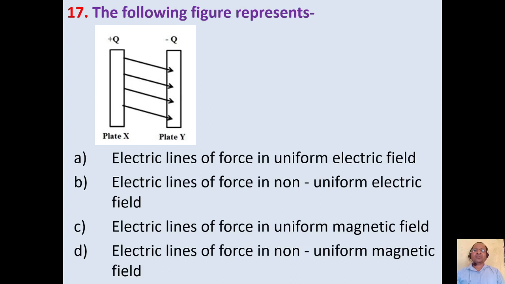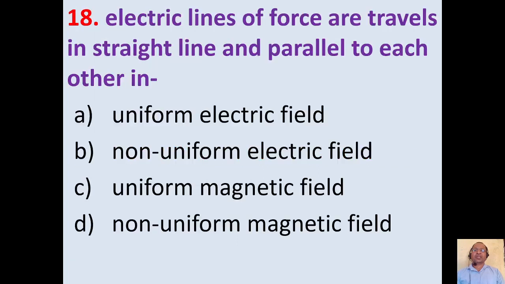So electric lines of force are parallel means the electric field is uniform. So this figure represents electric lines of force in uniform electric field. Electric lines of force are travels in straight line and parallel to each other in dash dash. As seen in the earlier MCQ, electric lines of force travels in straight line and parallel to each other only in uniform electric field.